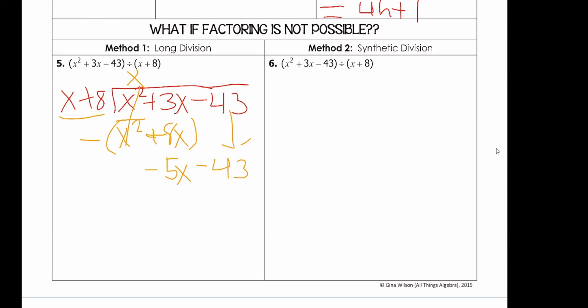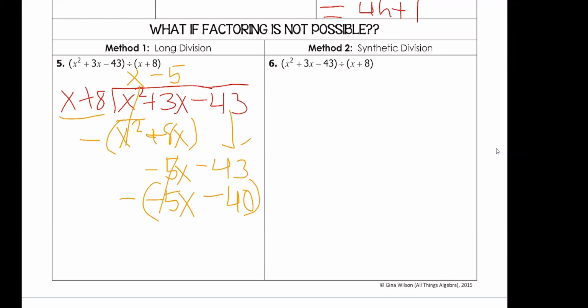Now we want to ask, what would I multiply x plus 8 by to get a negative 5x? Well, negative 5 times x would give me that. So if I multiply that out, I would have negative 5x minus 40. And remember, we're going to subtract this. So negative 5x minus negative 5x would cancel out.